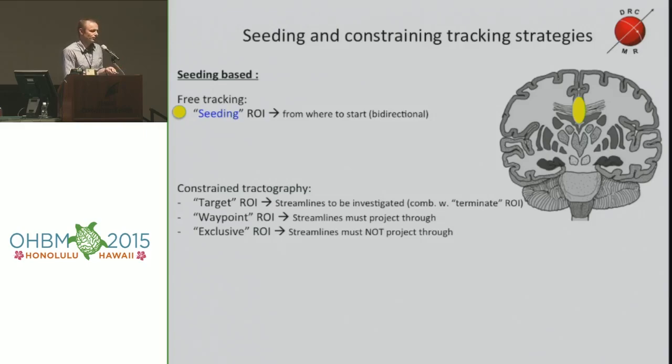The first one could be free tracking, which is tracking when there are no other constraints. We select a seed region, for example the middle of the corpus callosum here, and then we submit a streamline. You see here that we go to both sides, and that's simply because the diffusion is bidirectional. We cannot say whether the streamline should go in one direction or the other, so the streamline always projects both ways.